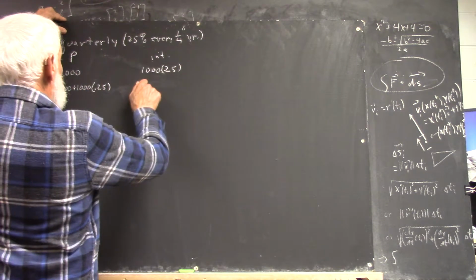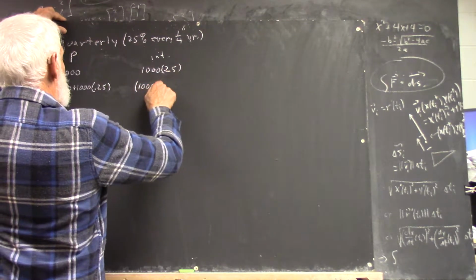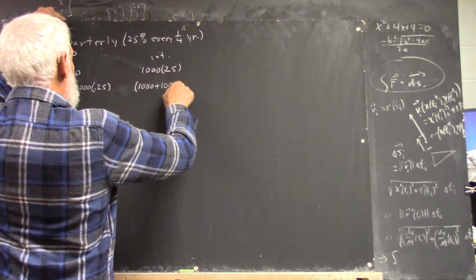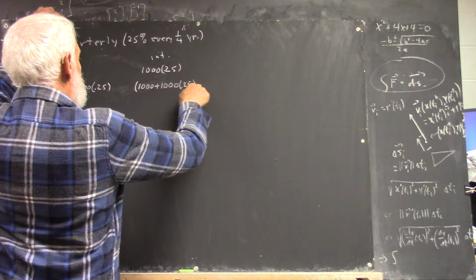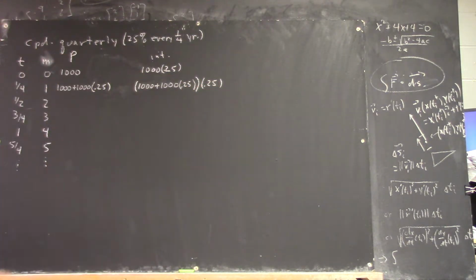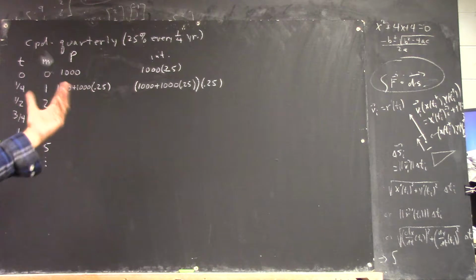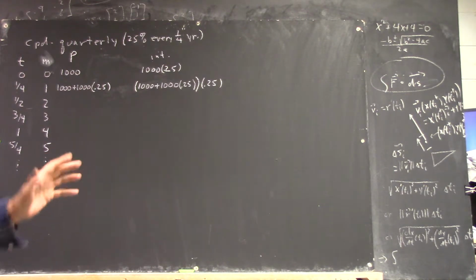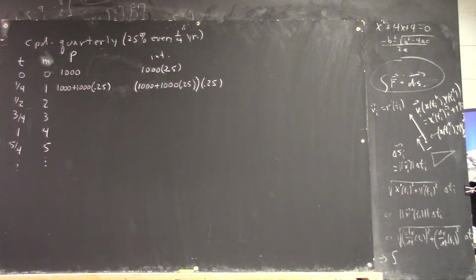I'm going to write it as 1,000 plus 1,000 times 0.25 multiplied by 0.25. You're not used to seeing it like that because you're just calculating the numbers and stuff, which is more or less appropriate. Okay?